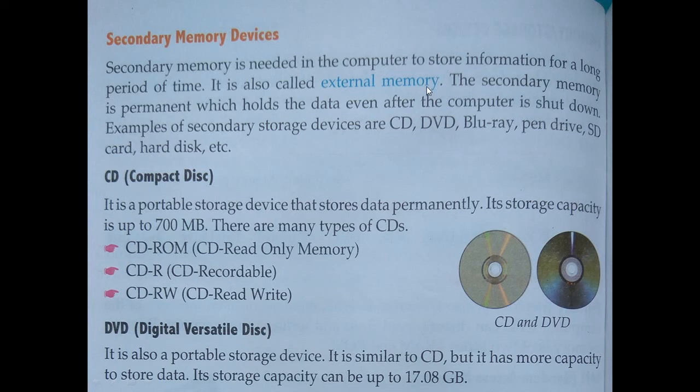Just like primary memory is called internal memory, in the same way secondary memory is called external memory. The secondary memory is permanent, which holds the data even after the computer is shut down. Examples of secondary memory storage devices are CD, DVD, Blu-ray, pen drives, SD cards, hard disks, etc.